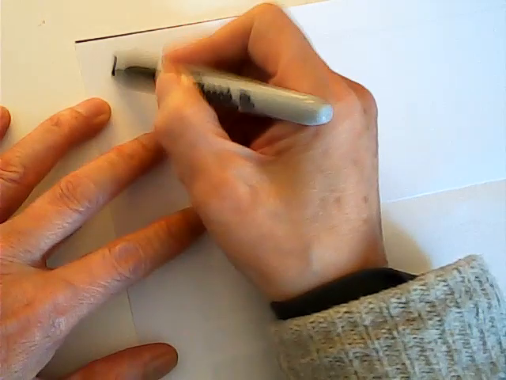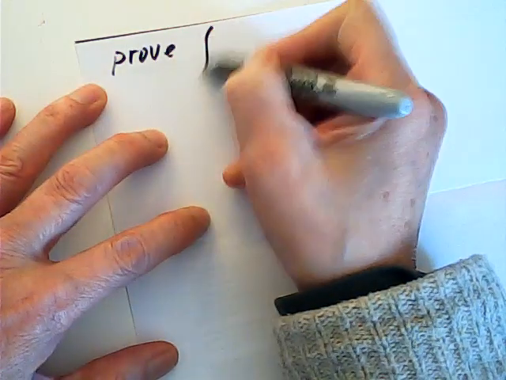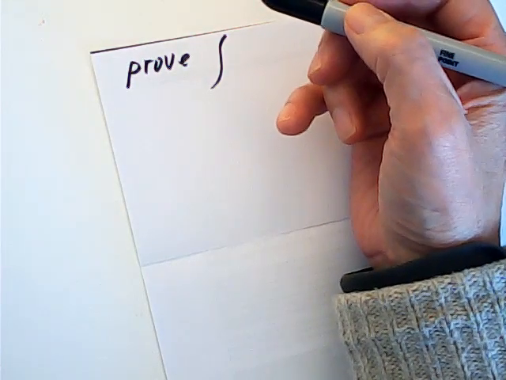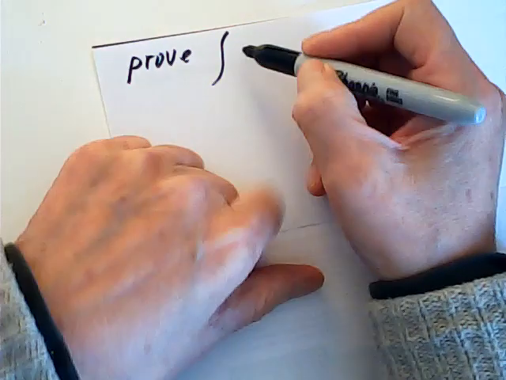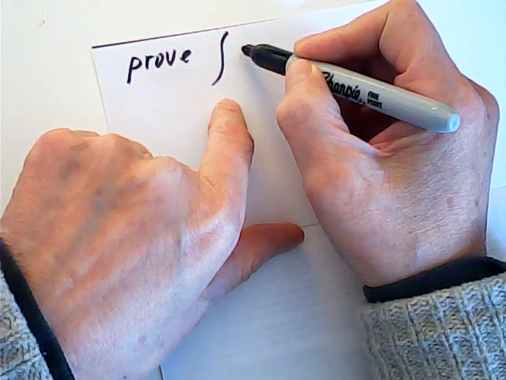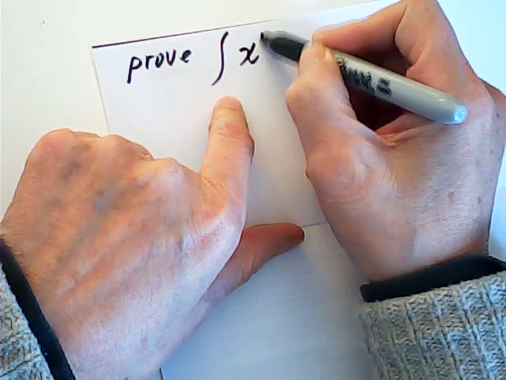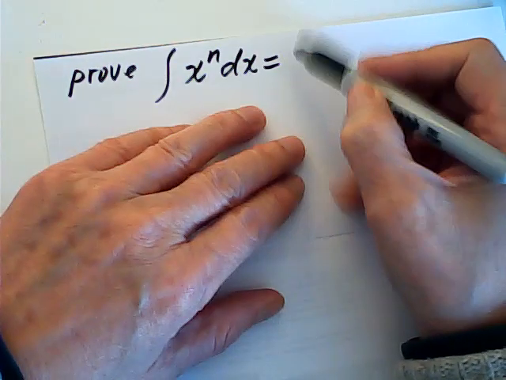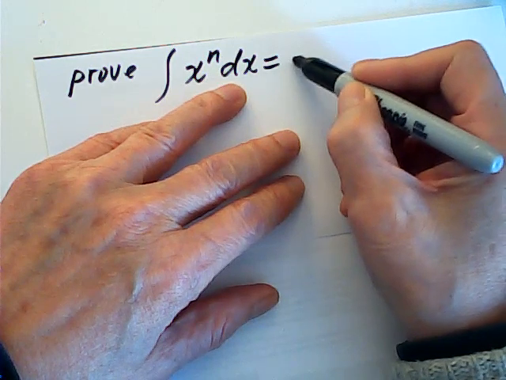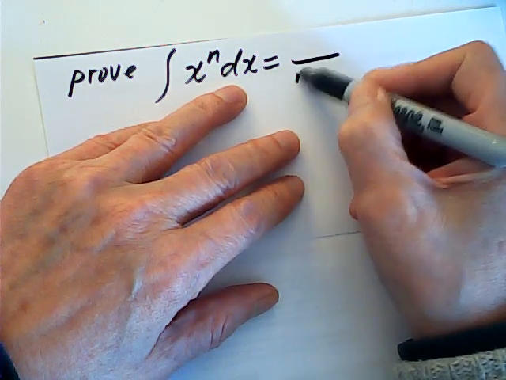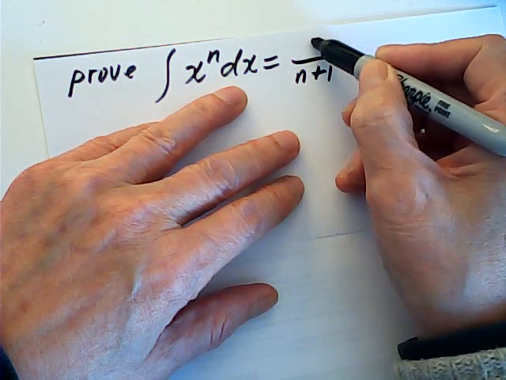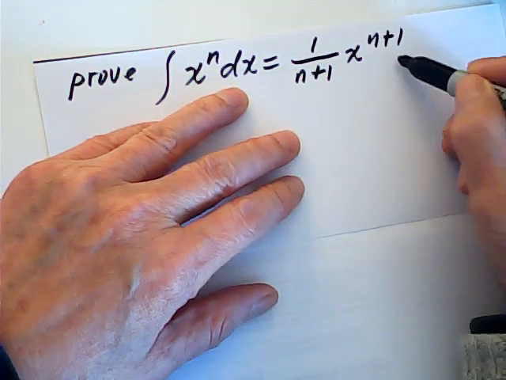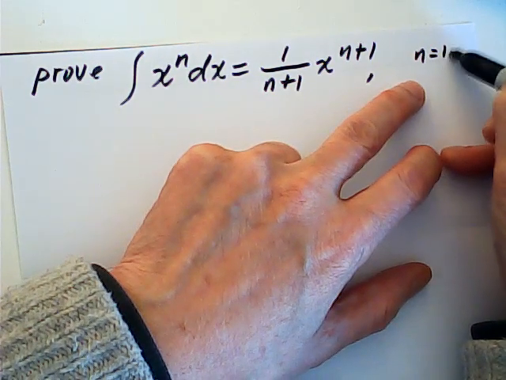Let's prove this one. Prove the integral of x to the power of n dx is equal to 1 over n plus 1 times x to the power of n plus 1, while n is a positive integer.